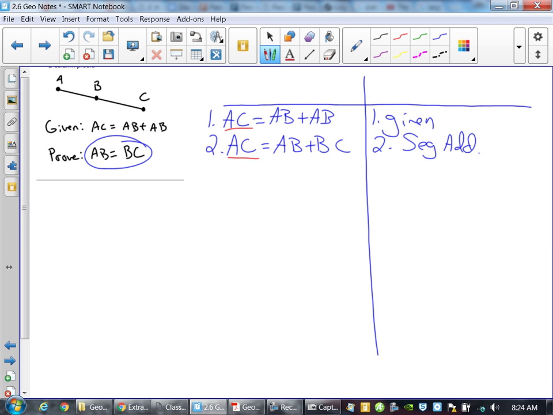That means those other portions are equal to each other. So here's what happens. You can then say this: AB plus AB is AB plus BC. Because the larger segment was equal to two different things written out, that means those two other parts have to be the same. Putting in something for something else is substitution. So all we did here was substitution.